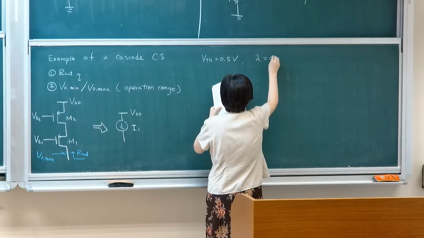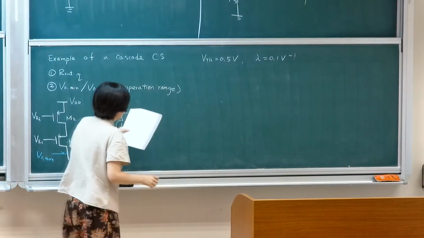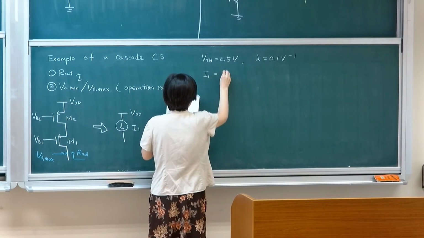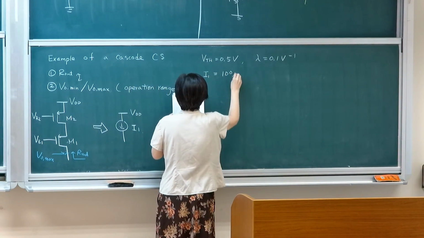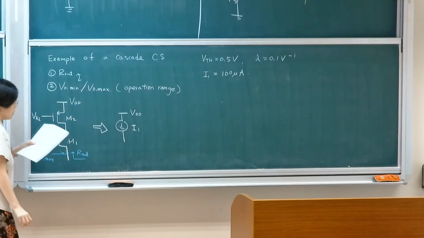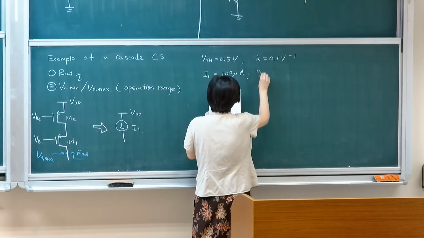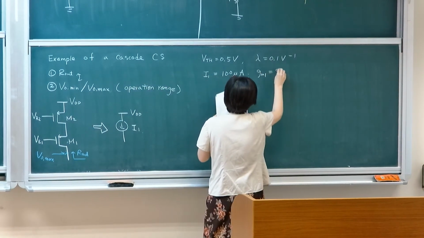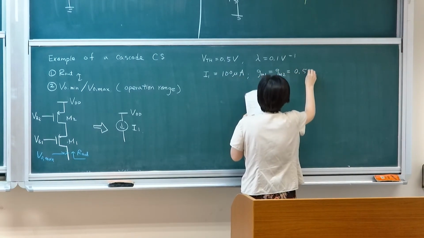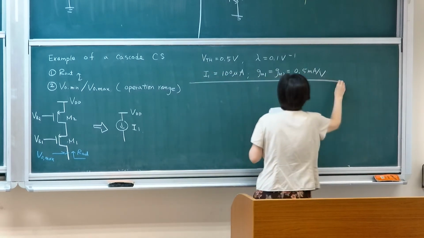And lambda equals 0.1 volts. We want our I1 to be 100 microamp. And I'm setting my transconductance. These are given by design criterion: gm2 equals 0.5 milliamp per volt. So these are the settings.